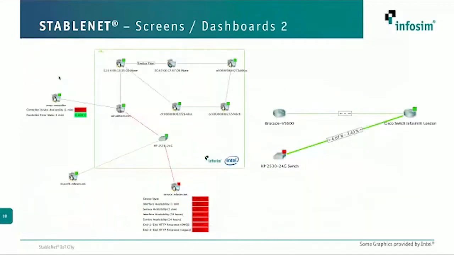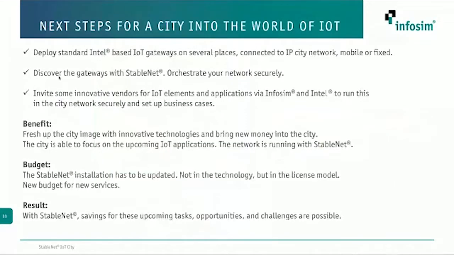So everything is possible with StableNet. With StableNet, you get a perfect overview of the rest of the network, not only the IoT network, because the sensor or the IoT element is only a part of the network, and the rest, here you have it visual. So more of this in the live demo.